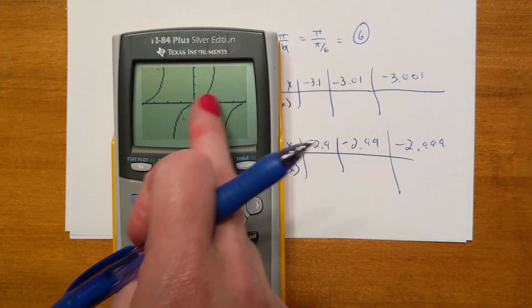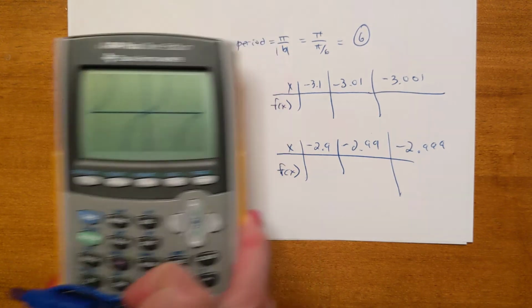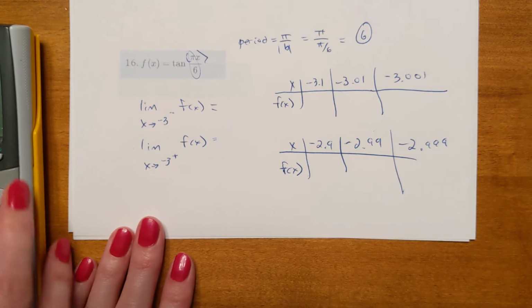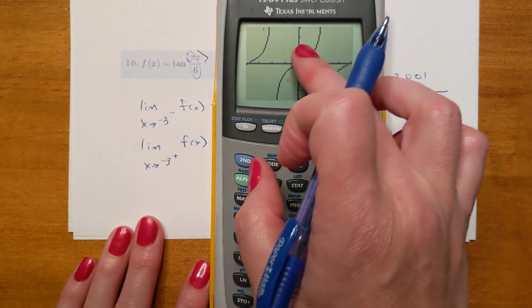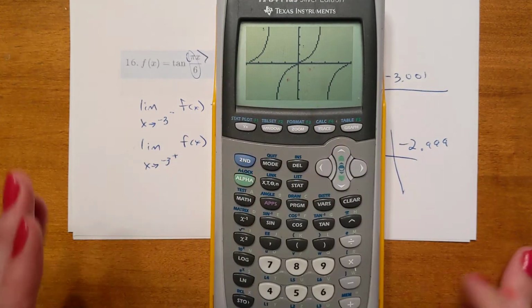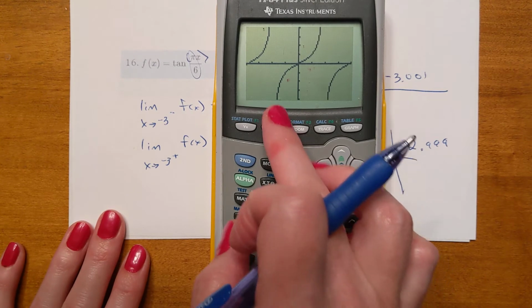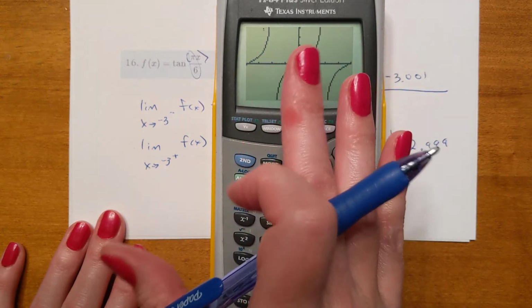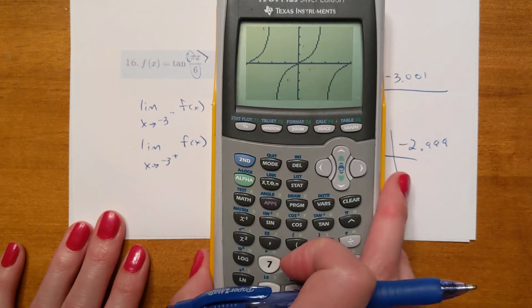And so 3 this way and 3 that way to give a full period of it. All right. So as it approaches -3 from the left, it's going up to positive infinity. And as it approaches -3 over here from the right, it's going down to -infinity.